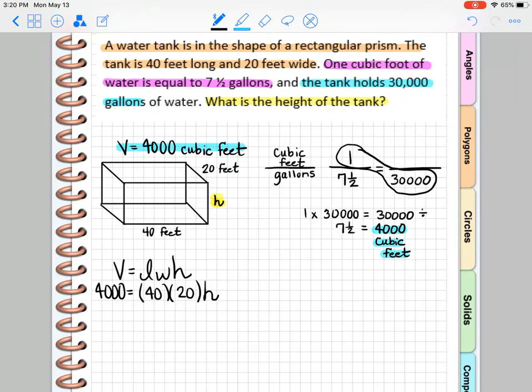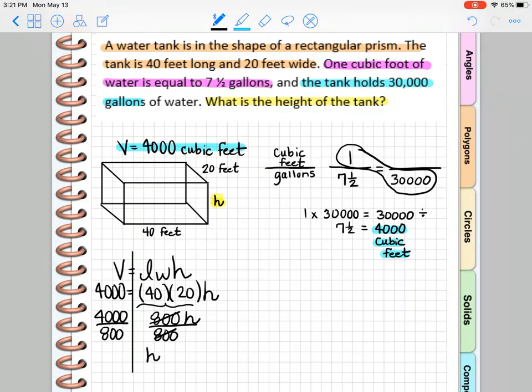And those of you who've had the algebra course, let me put that in there for you, so you can keep track of what's going on. So 40 times 20, and keep the H. And then let's move the 800, the coefficient, over to the constant side.